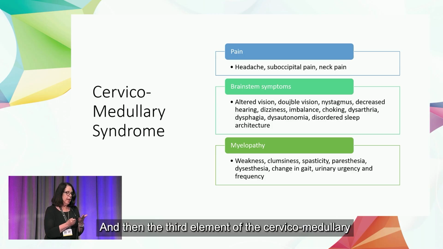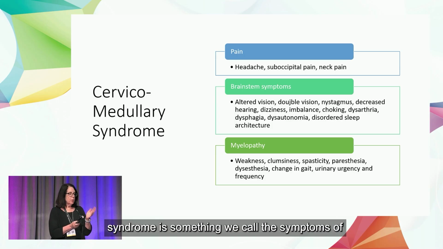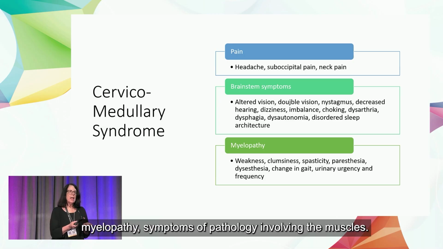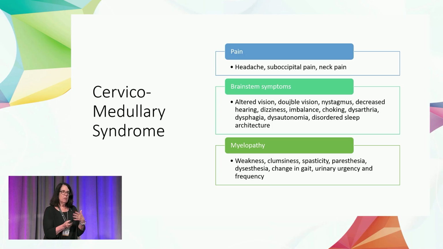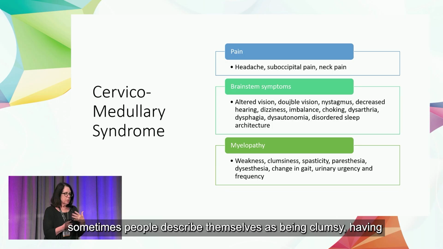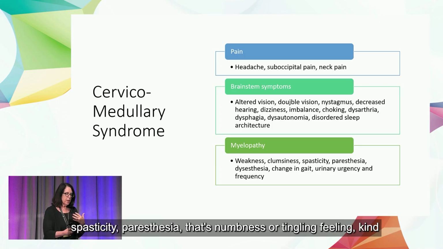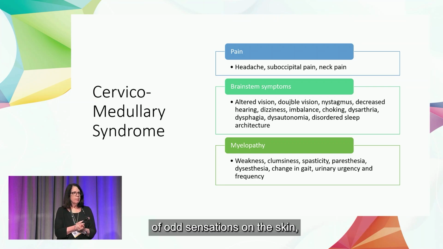And then the third element of the cervicomedullary syndrome is something we call the symptoms of myelopathy, symptoms of pathology involving the muscles. And this will manifest as weakness. Sometimes people describe themselves as being clumsy, having spasticity. Paresthesia, that's numbness or tingling, feeling kind of odd sensations on the skin.